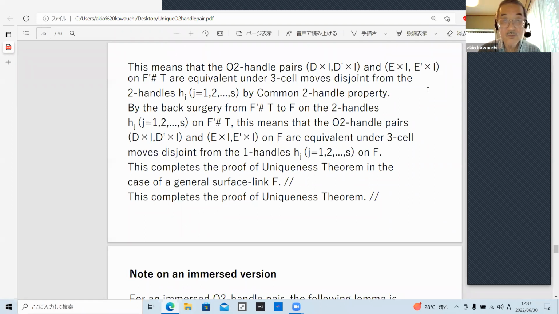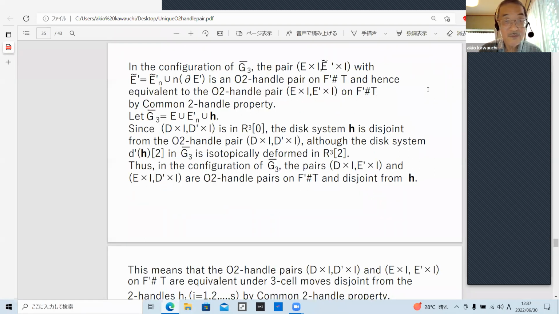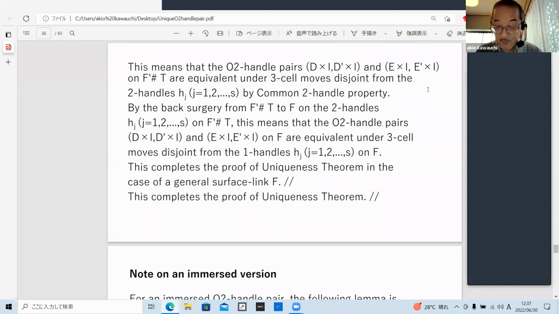But one more: F dash connect sum T, such a part is just a 2-handle pair, and the equivalence is just proved. And the 2-handle pair is disjoint from the two handles.